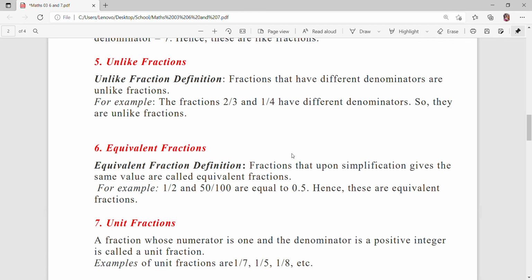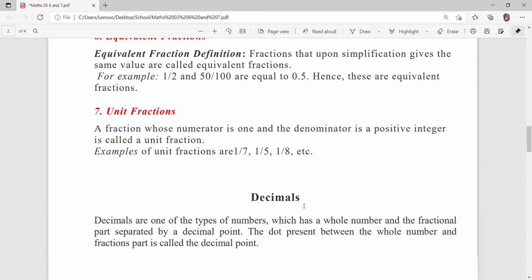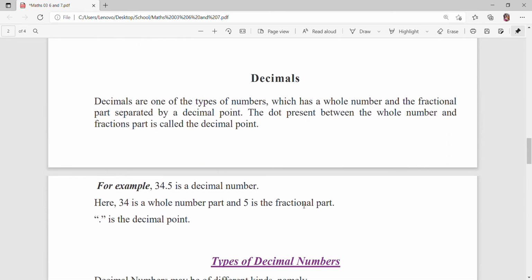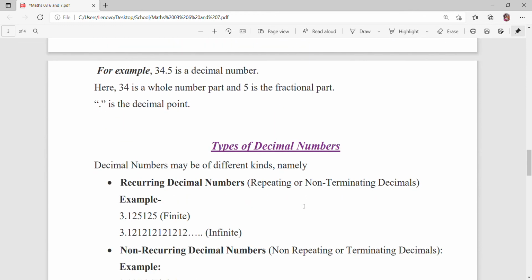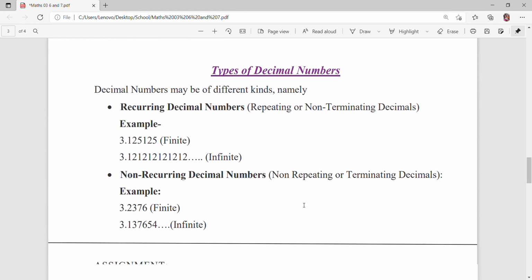In a unit fraction, the numerator should be 1 and the denominator should be a positive integer, not any integer, only positive integers. And decimals: we already know what we mean by decimals, the types of decimals, and how to read the digits after the decimal point. The types of decimals are recurring decimal numbers and non-recurring decimal numbers.